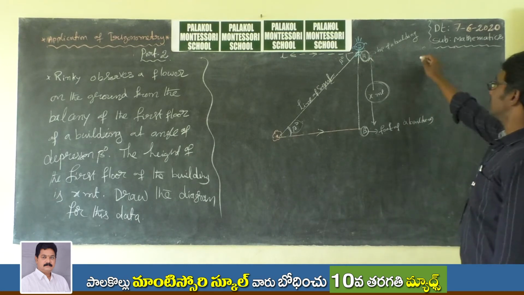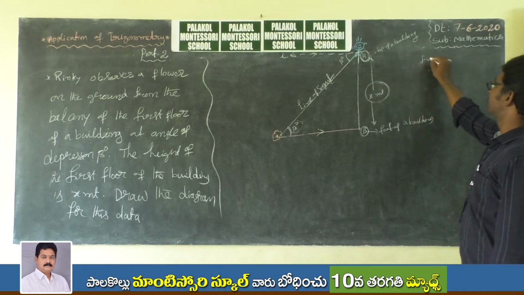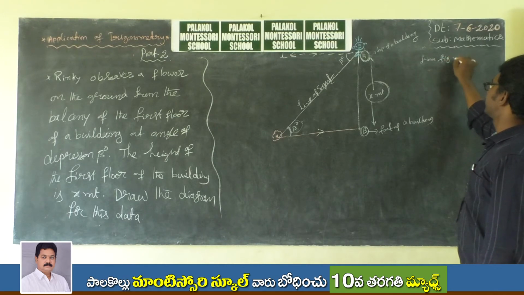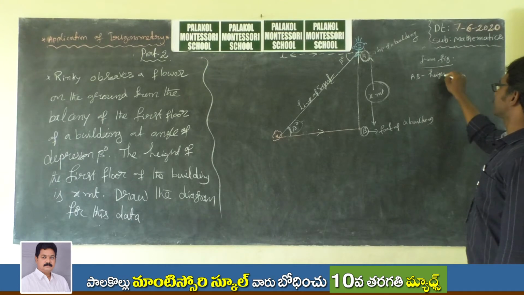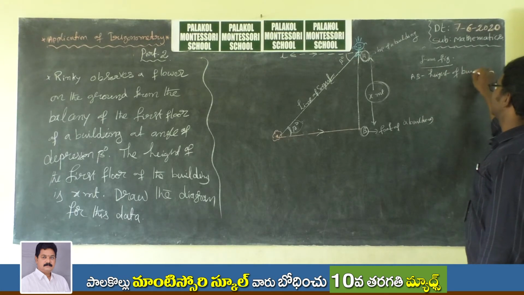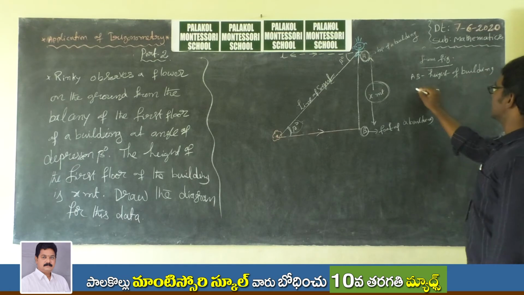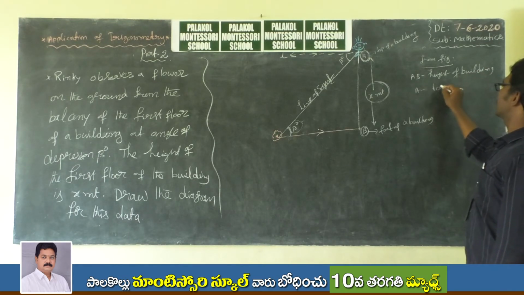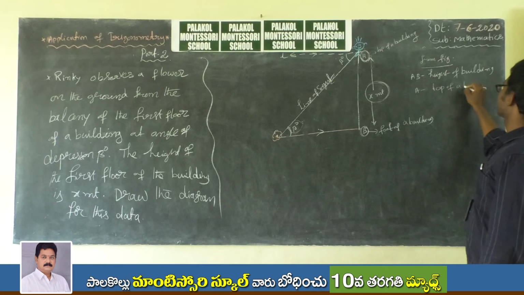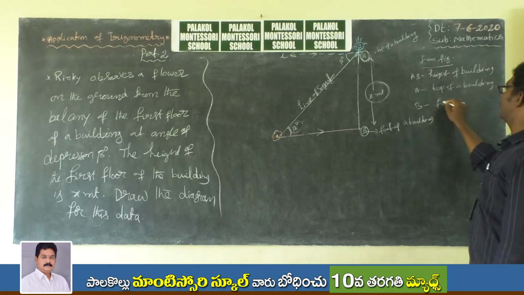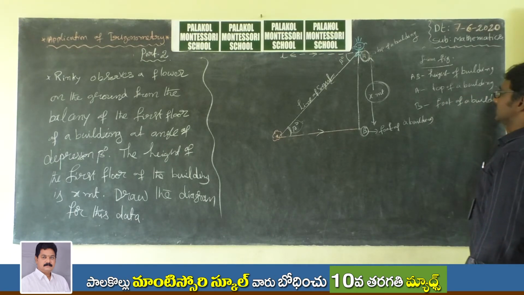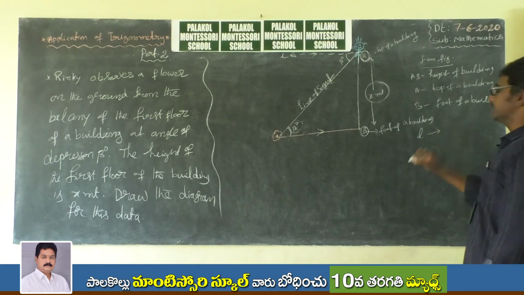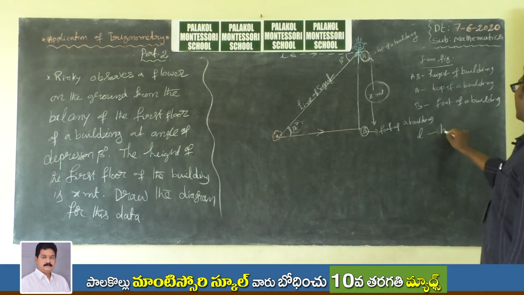See, from the figure, AB indicates the height of the building. A is the top of the building, B is the foot of the building, and L indicates the horizontal line.